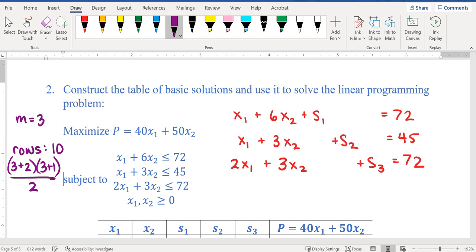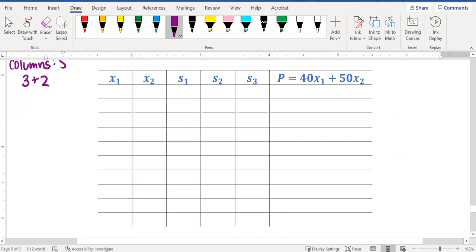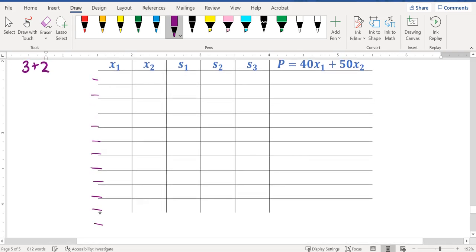And for columns, we're going to have 3 plus 2, which is 5. So I made my table. There's my 5 columns, 1, 2, 3, 4, 5. And I have 10 rows.